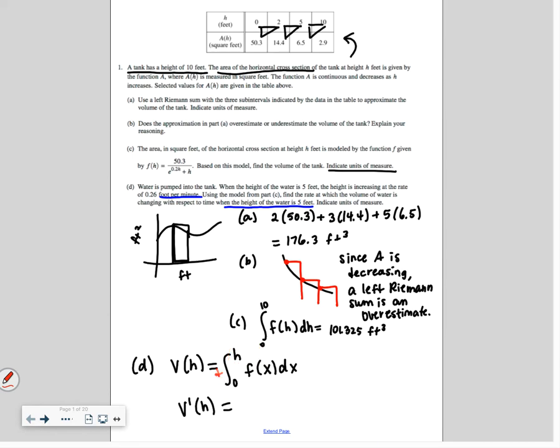Okay, so I would put that in, and I would have f of h. Okay? This really isn't too complicated, but it's not really what I want. The question is, what is the rate of change of the volume with respect to time? Okay, and this isn't with respect to time, it's with respect to the height. Okay, so we actually don't want v prime of h.